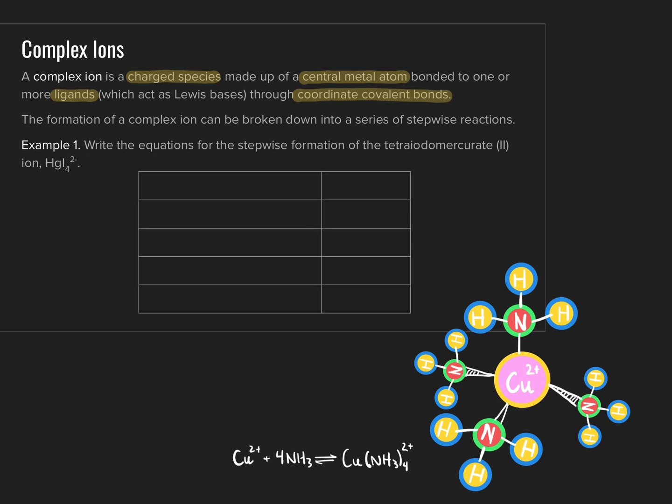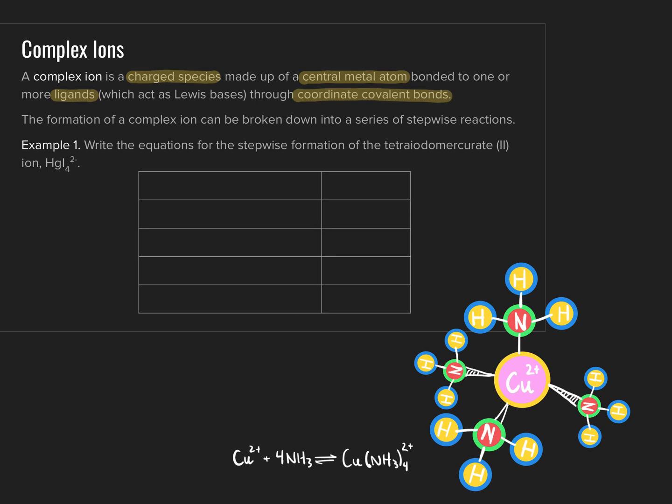Now, during first semester, we qualitatively investigated the formation of these complex ions. And if you remember from our lab, the evidence which we observed showing the formation of a complex ion was the redissolving of a precipitate which we had formed, indicating the formation of a more soluble species in solution.